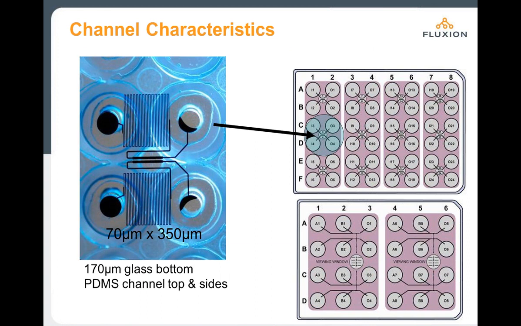The characteristics of the way the plates run is that you've got an inlet, a serpentine, which is essentially a pressure resistor, and an outlet. So if you think of a massive beaker of media here and a beaker of media on this side, that would be a way to visualize this. In this case, you've got 2 channels that you can image at the same time.